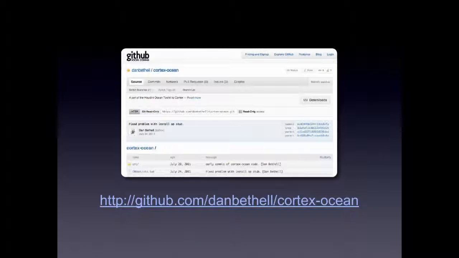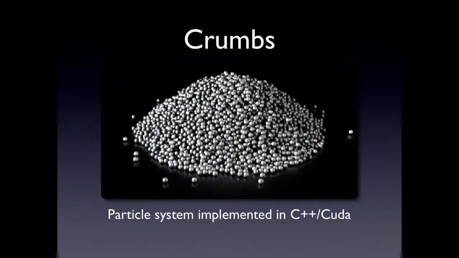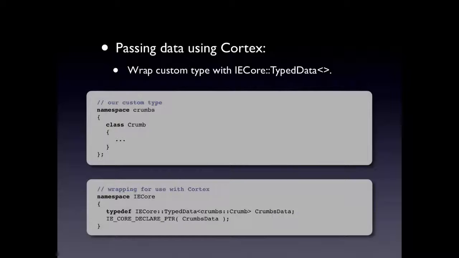itself. He's put this example online on GitHub, Cortex Ocean, so it's open source for you to download and use as an inspiration as well. Another example, Crumbs, a very simple particle system implemented in C++ CUDA and hosted in Cortex.